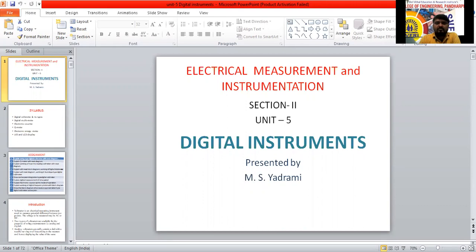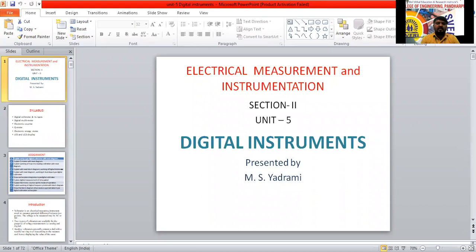Second one, all of you who have pen and paper, write down. Who don't have pen and paper, take the screenshot. Explain Q meter with neat diagram. Q meter is nothing but the quality meter.